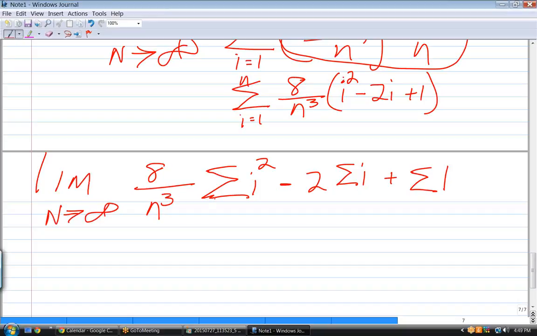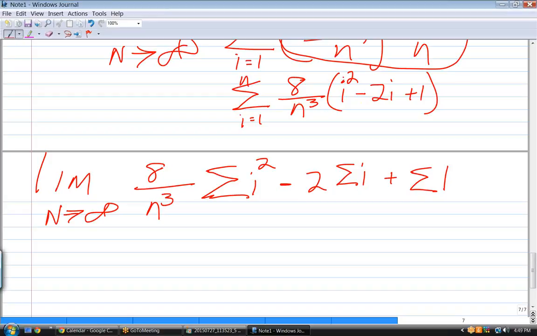These, of course, are all I equals 1 to n. All I did was take the numbers and n's outside the sigma, and leave behind just the i's or a number.